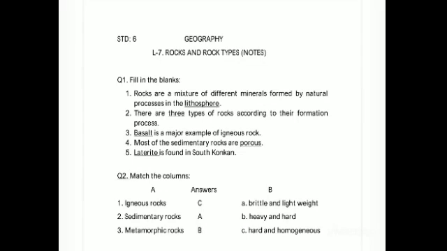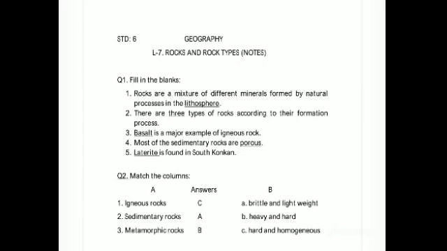The first one is: rocks are a mixture of different minerals formed by natural processes in the dash. Rocks are a mixture of different minerals formed by natural processes in the lithosphere.